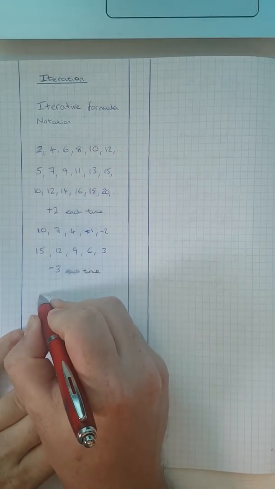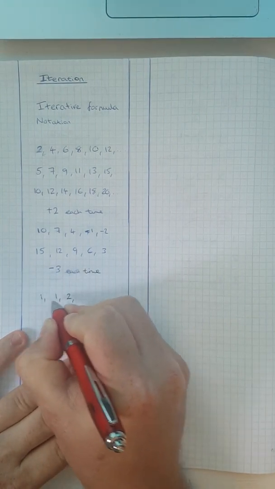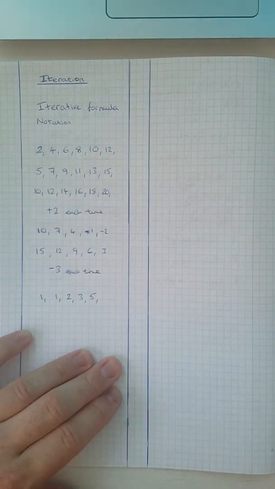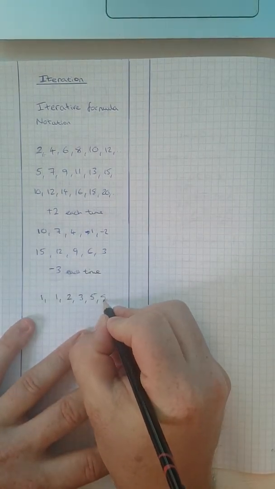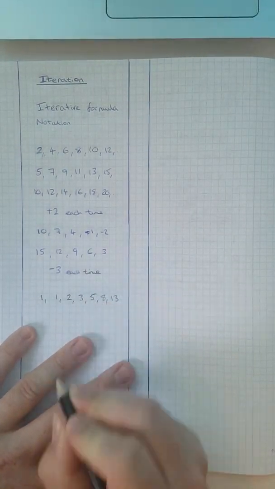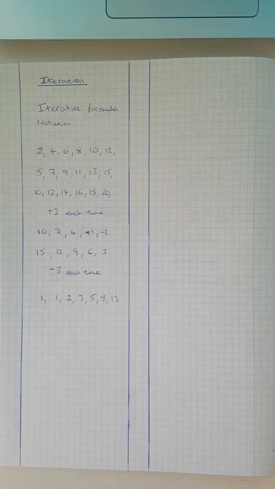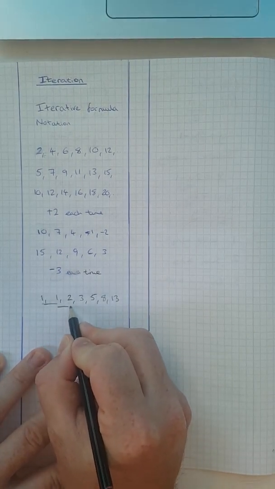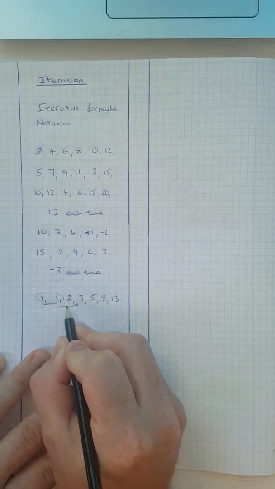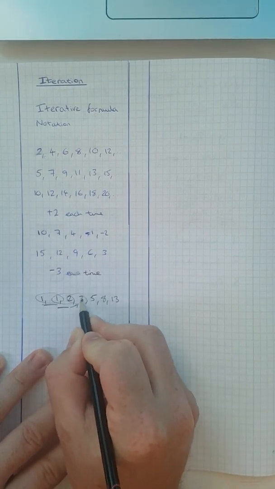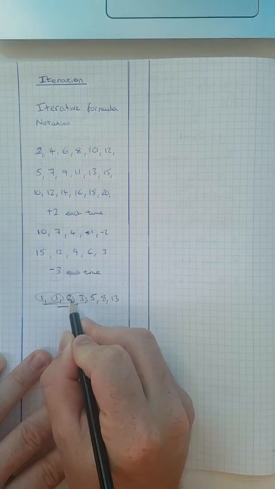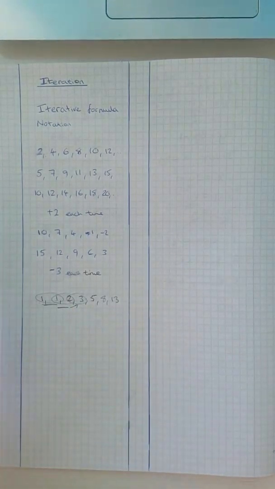This is another example of a sequence, and one that hopefully you've seen before. So this sequence is the Fibonacci sequence, where you add the previous 2 terms together to get the next number. So 1 and 1 makes 2, 1 and 2 makes 3, 2 and 3 makes 5.